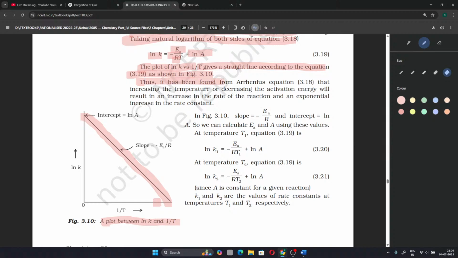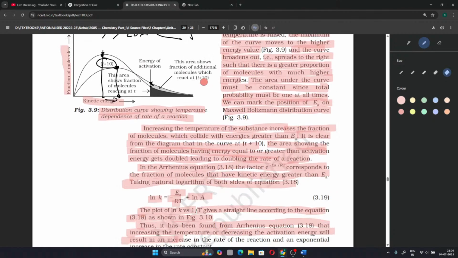Thus, it has been found from the Arrhenius equation that increasing the temperature or decreasing the activation energy results in an increase in the rate of reaction. If we decrease the activation energy, the number of molecules in the activation energy region will be more than before decreasing the activation energy.